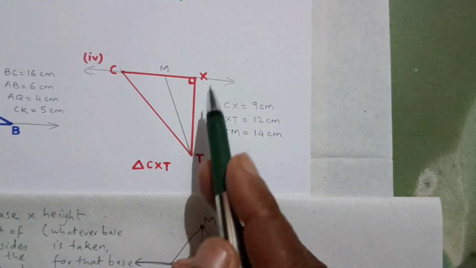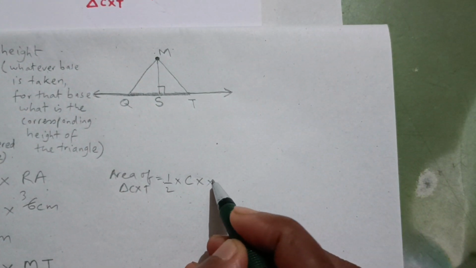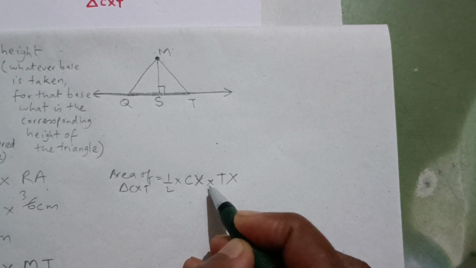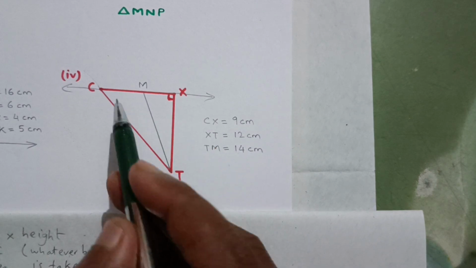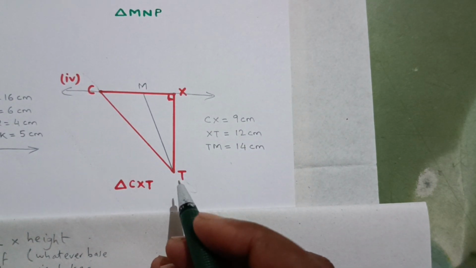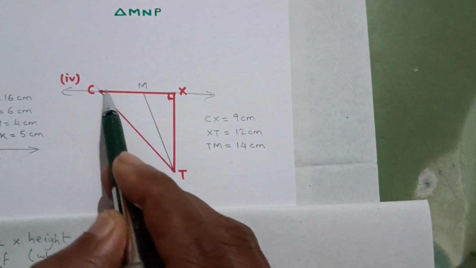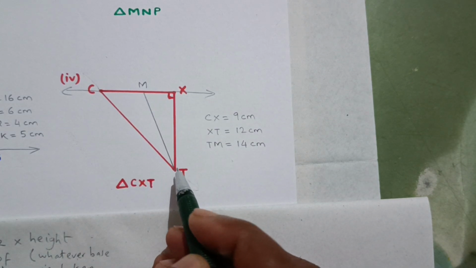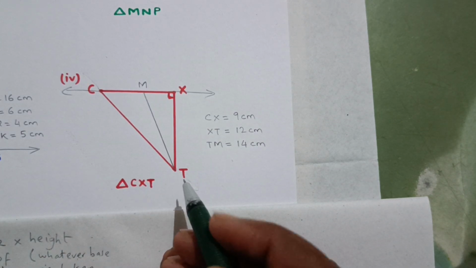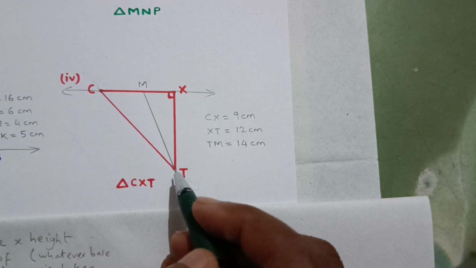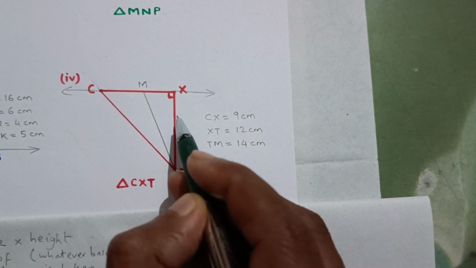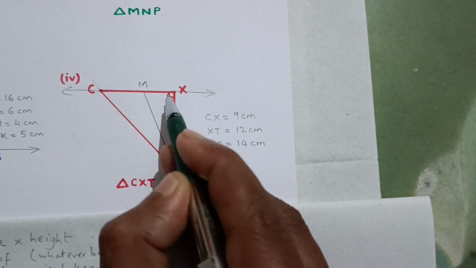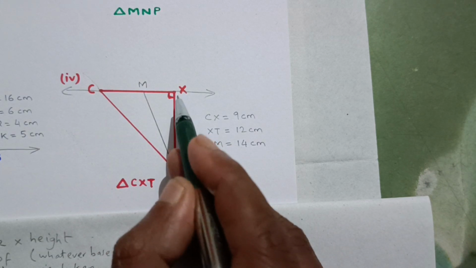This is Cx and this is Tx. So Tx is the corresponding height for Cx. Why? Because our base is Cx. So for Cx, the opposite vertex is T. So from T, the line segment which meets Cx at 90 degrees, that line segment will be the corresponding height.